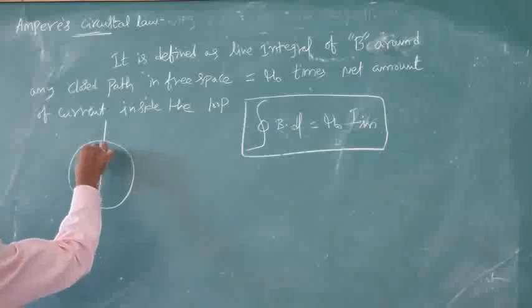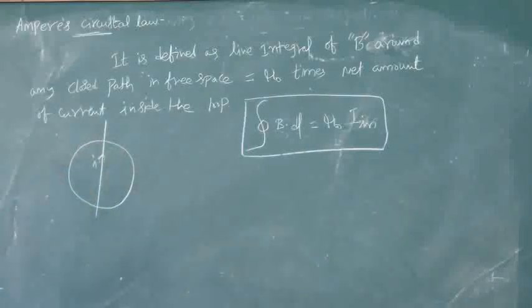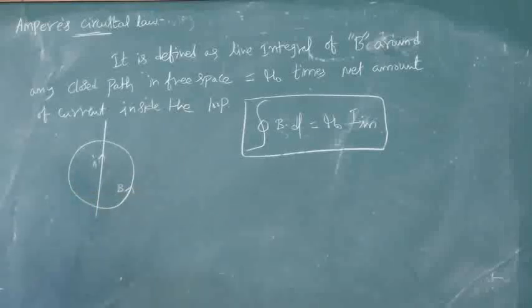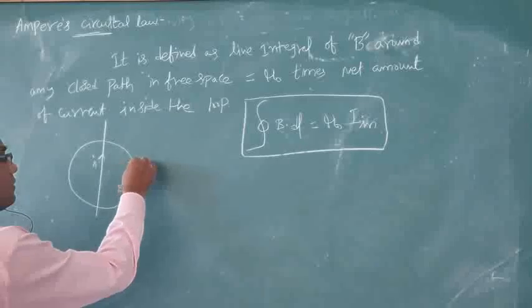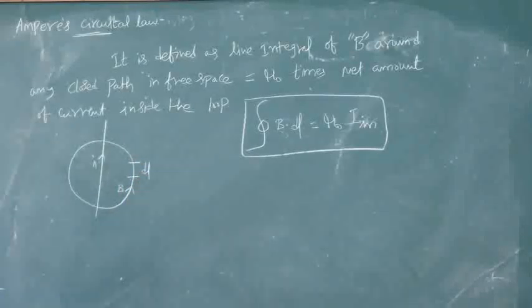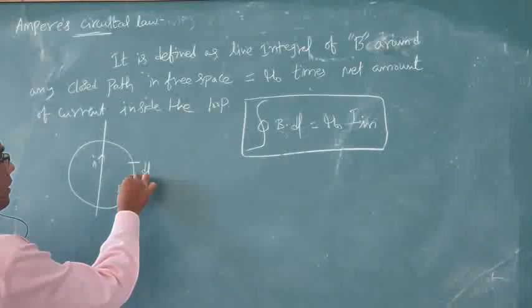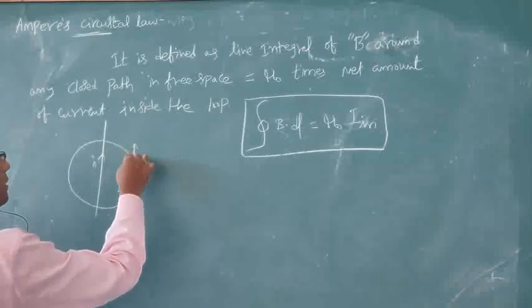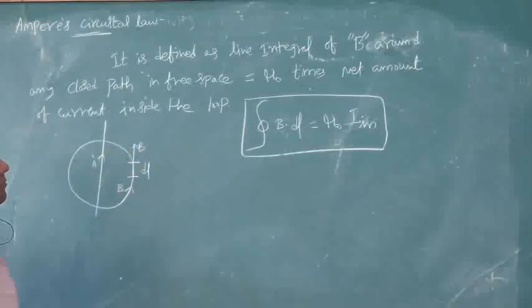This is I. Then the magnetic field is passing through the circular loop like this. Here we are considering a small length dl, and the magnetic field is passing like this.